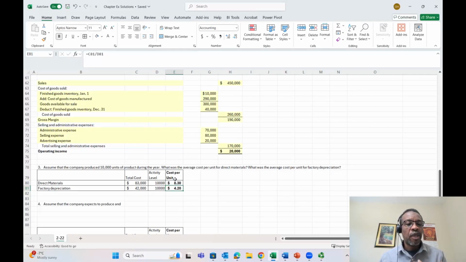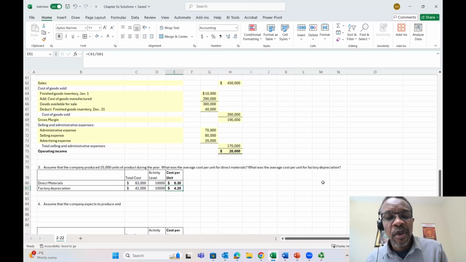When we're dealing with a variable cost, the cost per unit is going to be the same. When we're dealing with a fixed cost, the cost per unit will change, right?